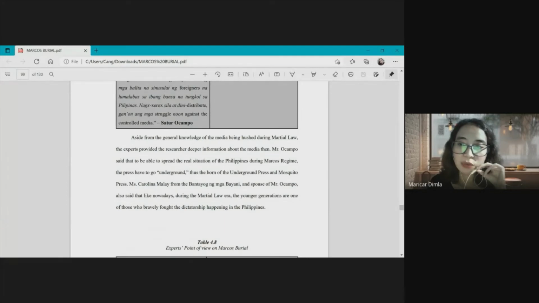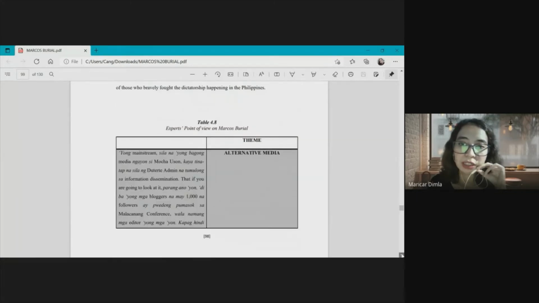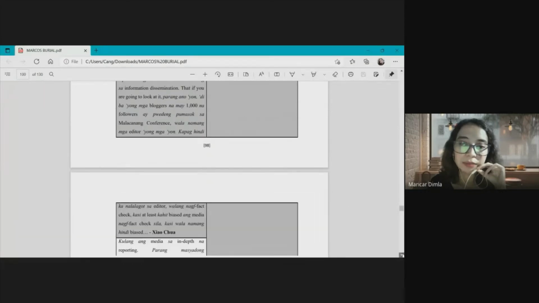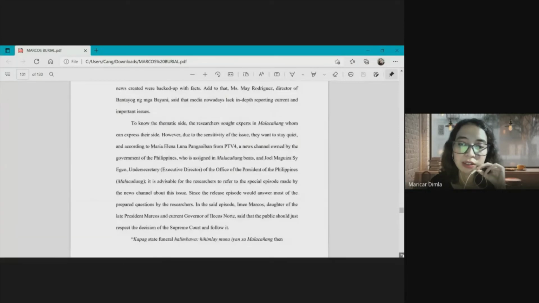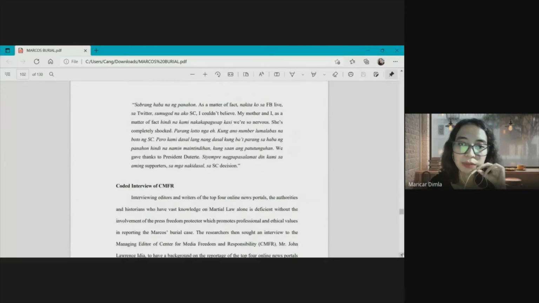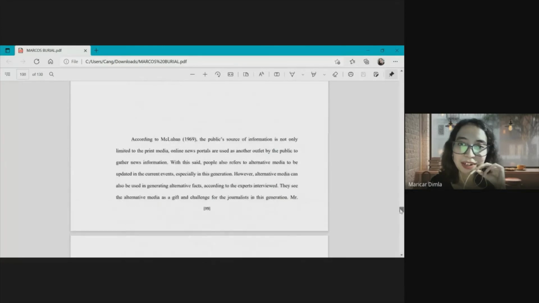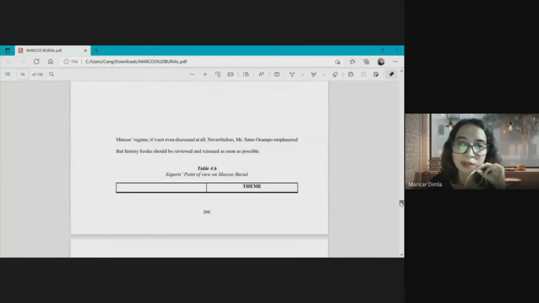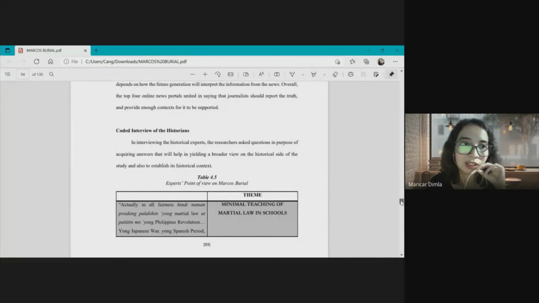And then, class, no, we have another team here about the alternative media. And we have another separate team here. Marami to eh. Marami pero hindi ko na makita. Ayan. Ito yung buong thesis namin, class, when I was in college. So, 130 pages lang naman siya.